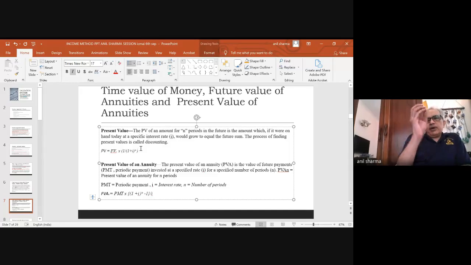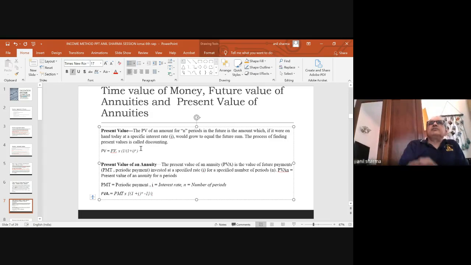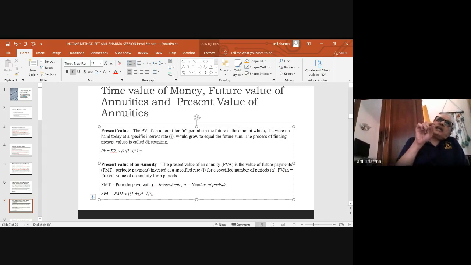Say 1 lakh rupees after the 20th year will be 1 lakh divided by (1 plus i) raised to the power n. n is 20 years, right? So it's going to be literally of no value. That's why there is very little error in assuming that the cash flows are coming in perpetually.